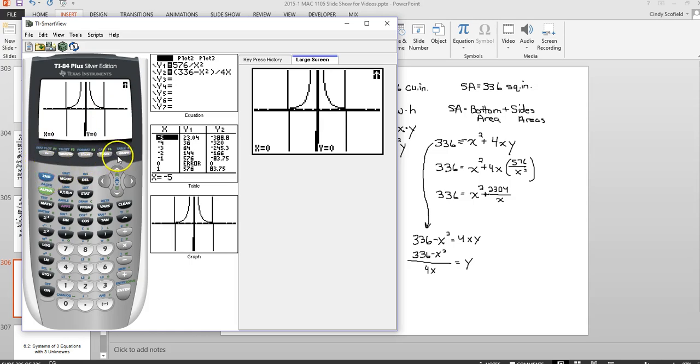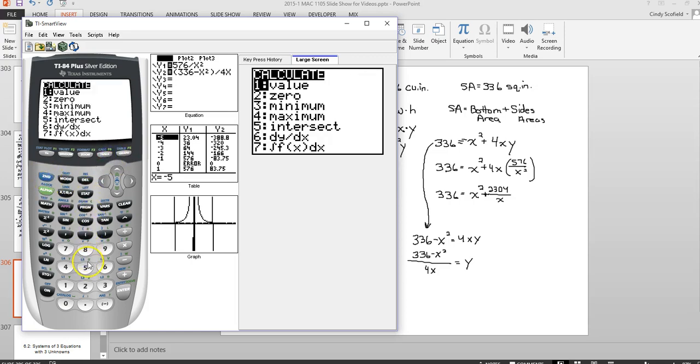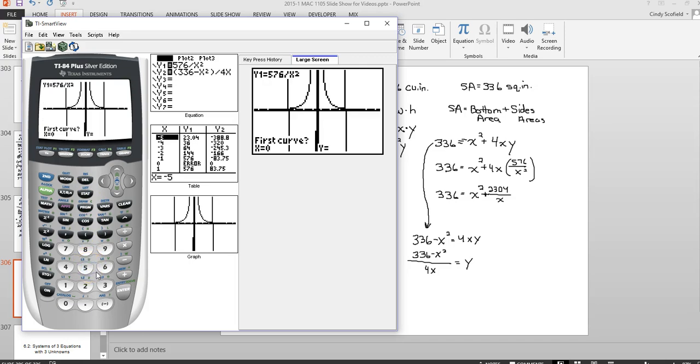So let's calculate intersection. Whoops, sorry, I hit the wrong thing, didn't I? There we go. Need new glasses. All right, where is my cursor right now? There we go. Okay, we want that curve. We'll hit enter. And then where's my cursor? Is it on the other curve?